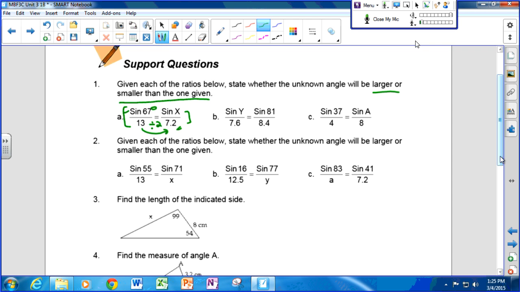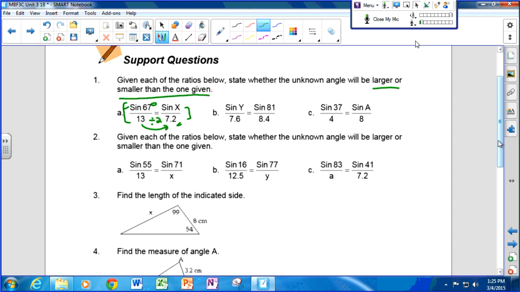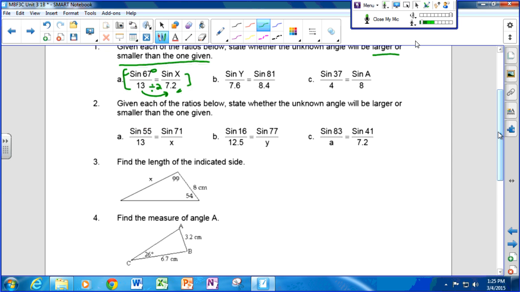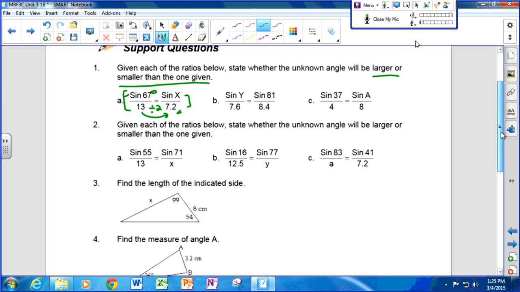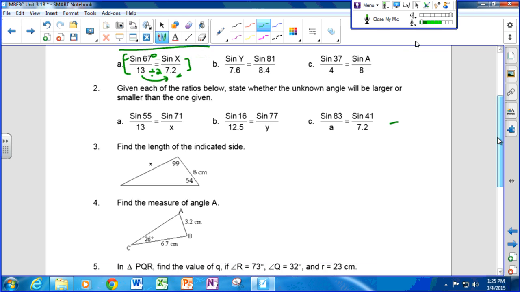Of course, you could just work out what x is and then get an idea. But try and figure out whether it's bigger or smaller first, and then see if you're right by solving for sine x. And then the same thing over here, question 2.